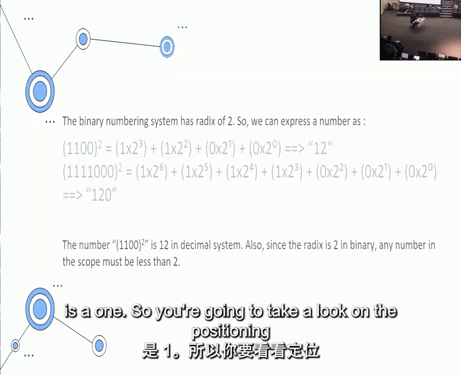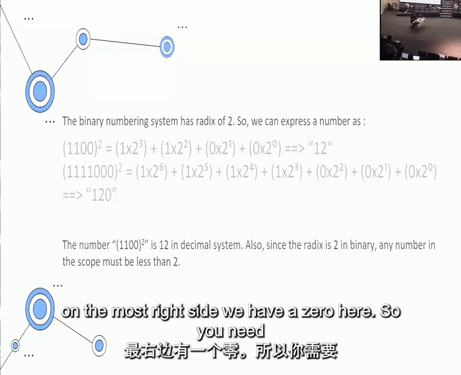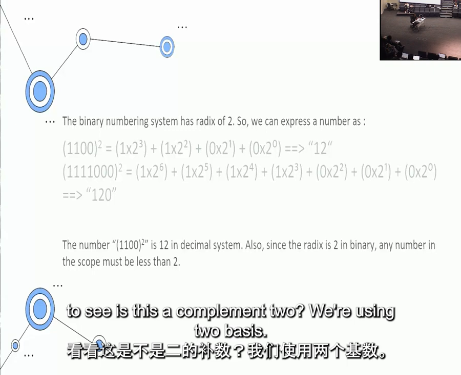So you're going to take a look at the positioning, the last positioning on your left and your right side. On the most right side, we have a 0 here. So you need to see, is this a 2's complement? We're using base 2.